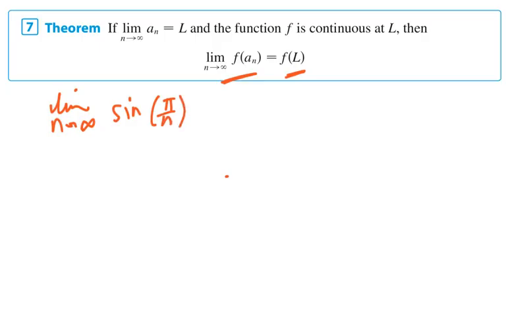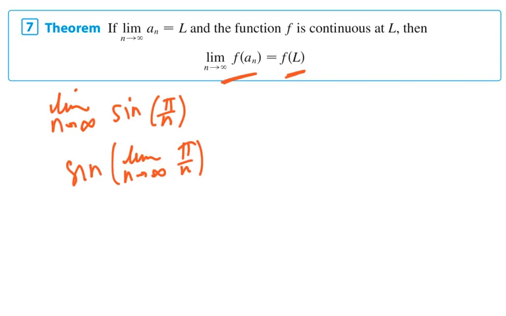So what we're looking at here is the sine function is continuous at 0 and everywhere. So based upon this theorem, instead of starting with the limit, we're going to move the sine function outside. So we're going to say the sine of the limit as n approaches infinity of pi over n.